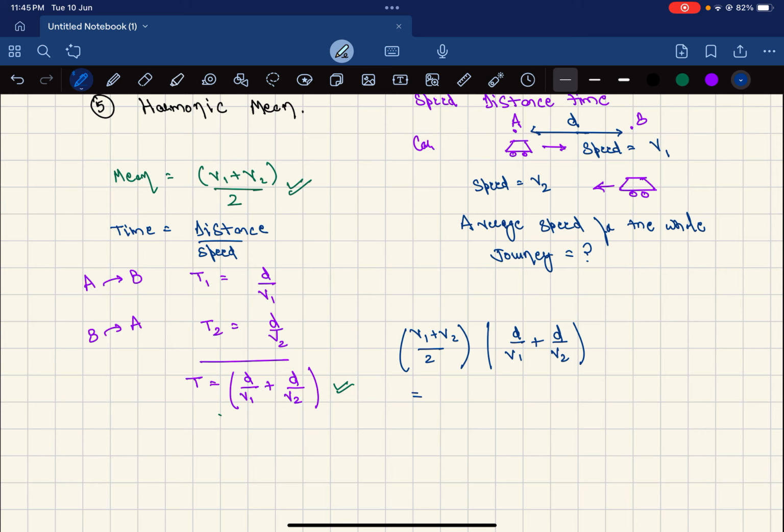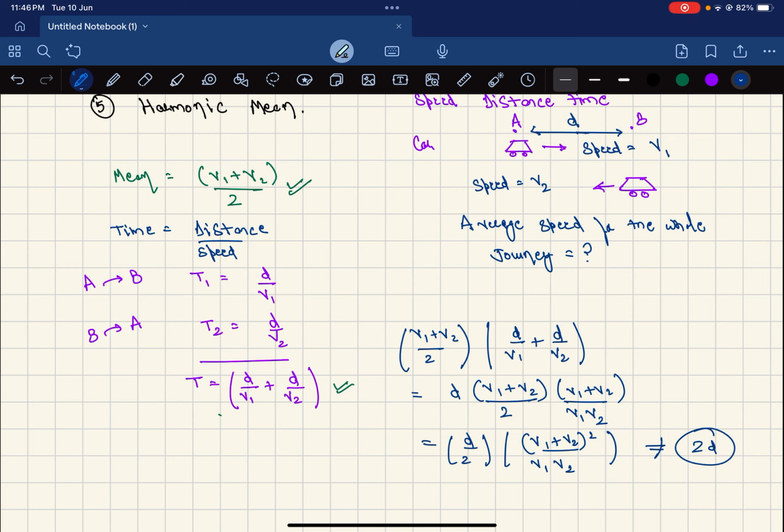Now this comes out to be (v1 plus v2) upon 2. We take the common denominator v1 v2, and we can bring d outside, and we are left with v1 plus v2. So this becomes d upon 2 times (v1 plus v2) whole square upon v1 v2, which is clearly not equal to 2d.